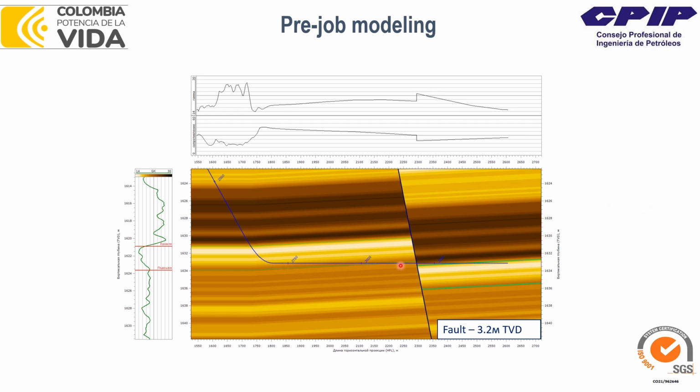Having faced this fault, our trajectory completely went out of the reservoir because the amplitude of the fault is bigger than the thickness of the pay zone. And normally such faults with small amplitude, 2, 3, 4 meters, will cause us lots of trouble during the drilling of a horizontal well.